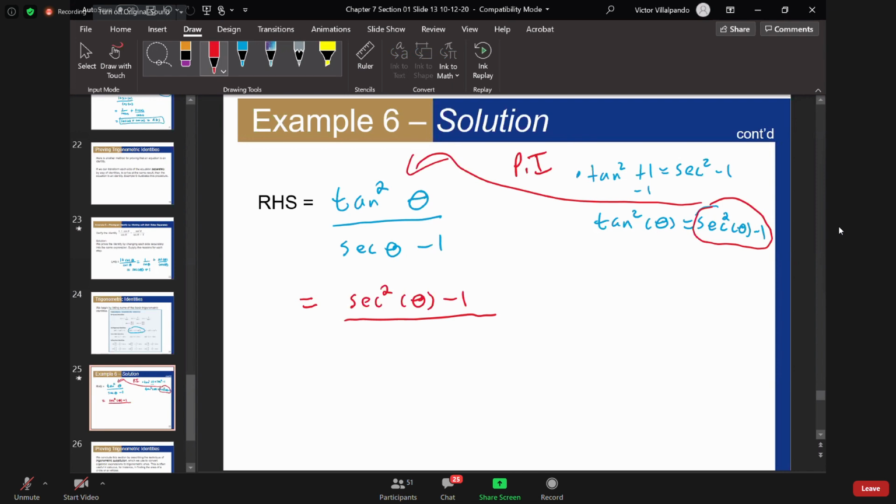We're left with secant theta minus 1 on the bottom. Now the top part is known as a difference of squares, because one squared is still one.